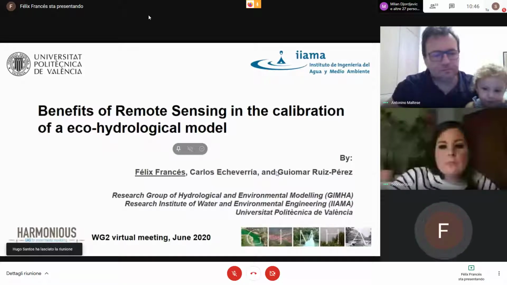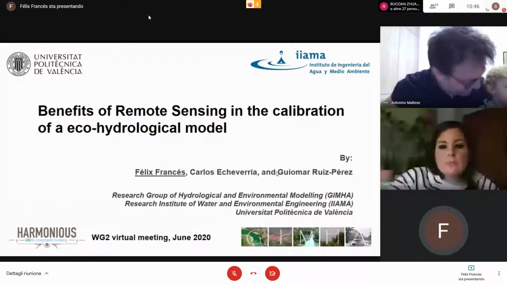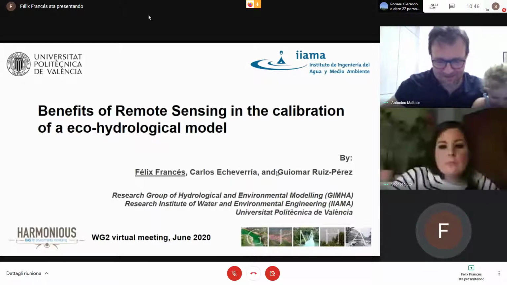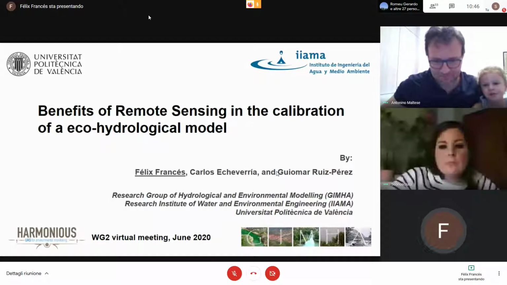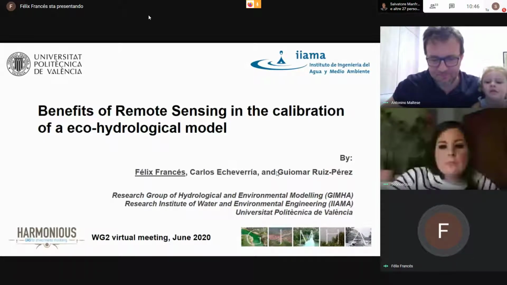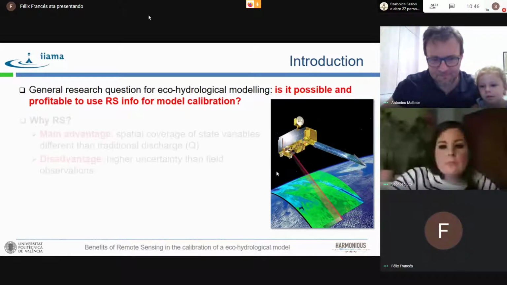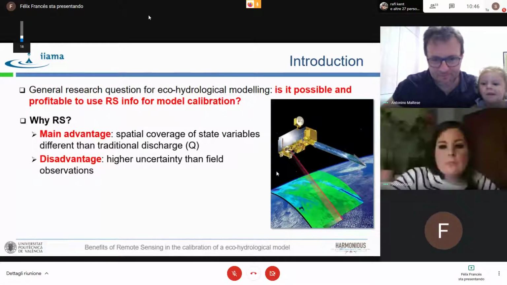Okay, well, the idea is to cheer you up because all your work can be profitable for eco-hydrological modeling. In this case, I'm using satellite information, but in the end the idea is the same: the use of remote sensing to improve our modeling performance. The general question is: is it possible and profitable to use remote sensing information for model calibration? Why remote sensing?